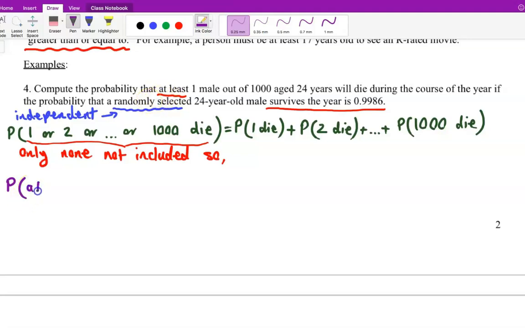So probability of at least one will die is equal to 1 minus, so you should subtract whenever you have at least. Subtract the probability from 1. So at least 1 will die.